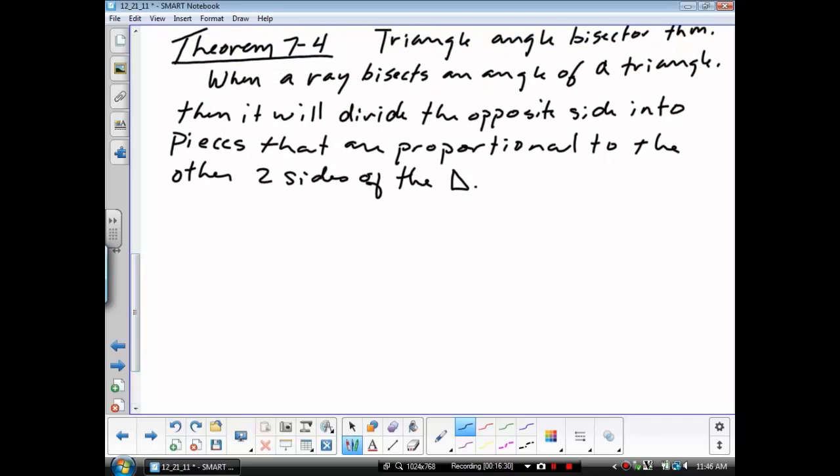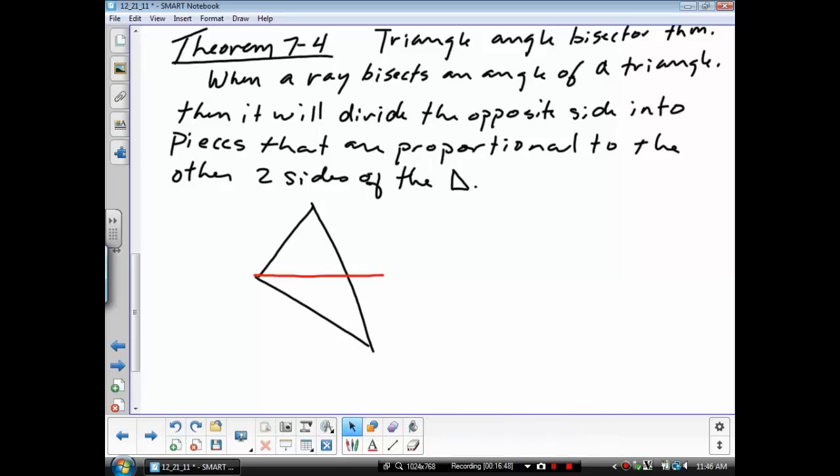So what we have here is a triangle. And we have a ray that bisects one of the angles of the triangle.